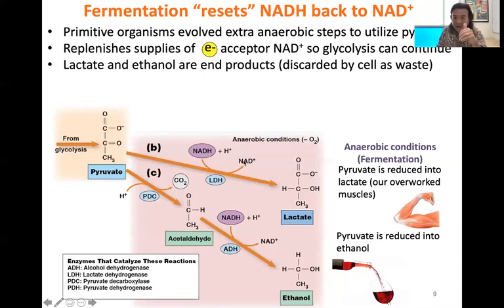So the basket then becomes emptied again as NAD+. And that NAD+ can go back and help out in the glycolysis steps, right? Because it's now free to accept more electrons. So what you're basically doing is you are reducing the pyruvate down to lactate, right? So this is lactate. So it's a reduced form of pyruvate, right?